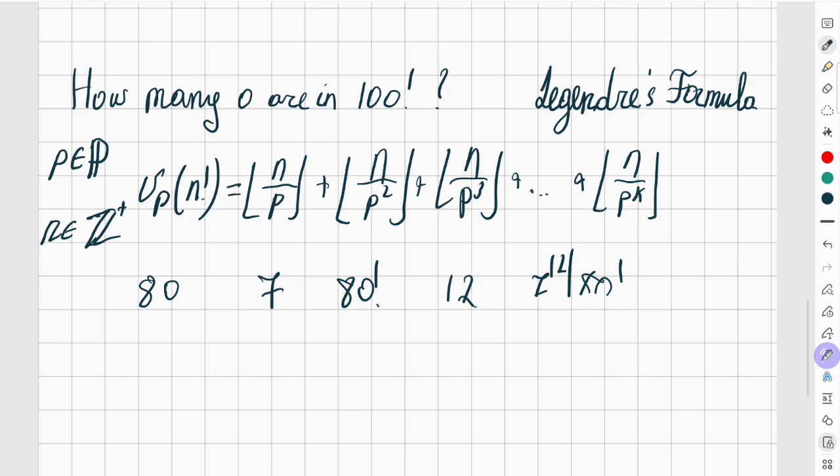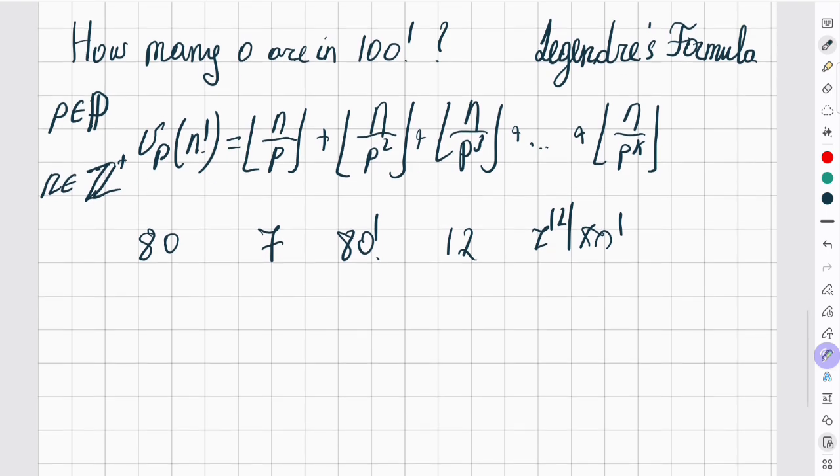It says how many zeros are in 100 factorial. For zeros, it means 10. So basically it says what is the greatest power of 10 that can divide 100 factorial. Let's say it is a.